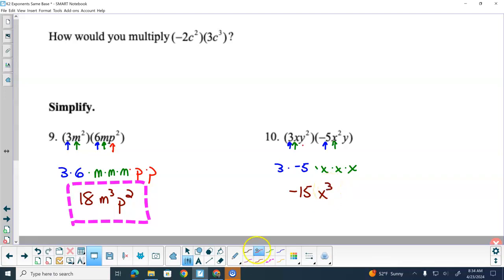We got 2 y's and another y. How many total y's do we have? 3. So that's going to be y cubed. Okay? Good times.